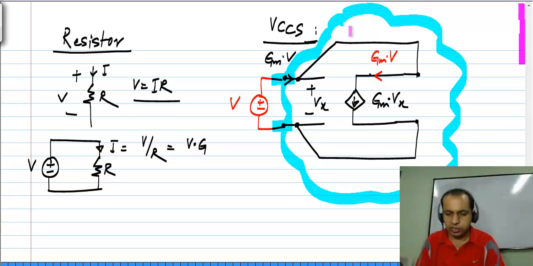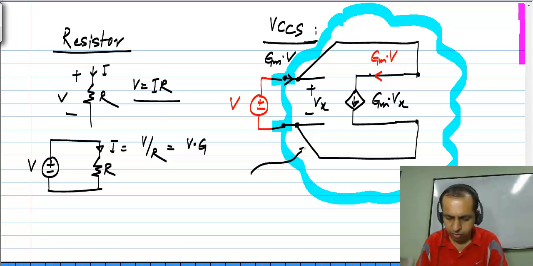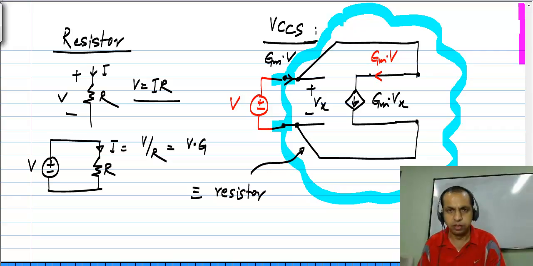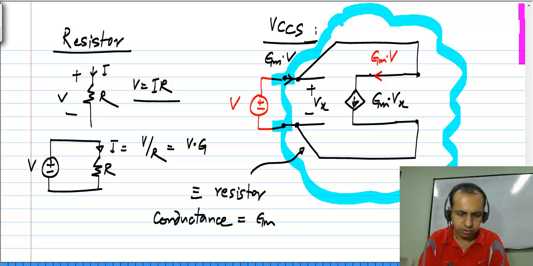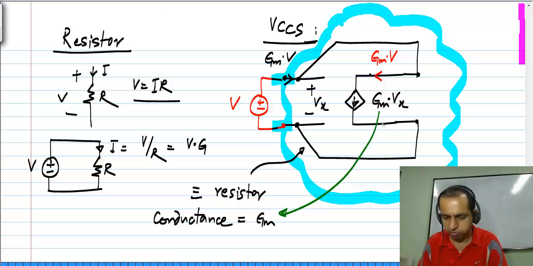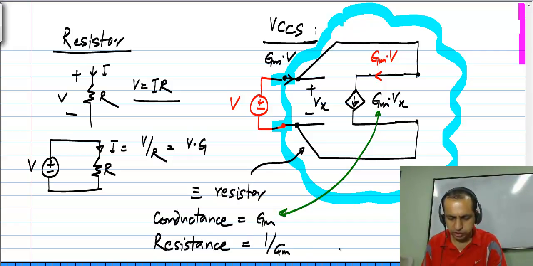So this entire circuit inside here is equivalent to a resistor, and its conductance is given by Gm, which is the proportionality constant of the voltage controlled current source, or equivalently its resistance is given by 1 by Gm.